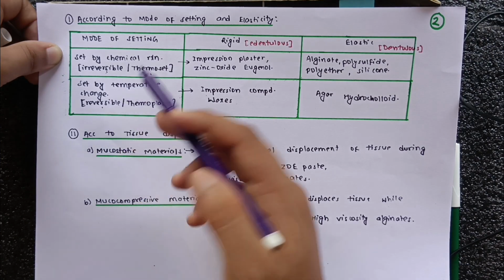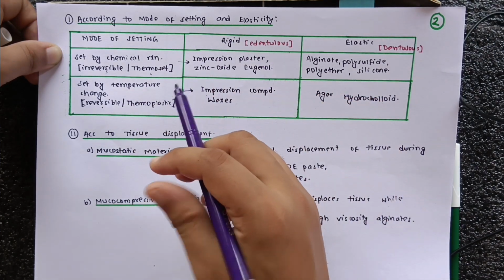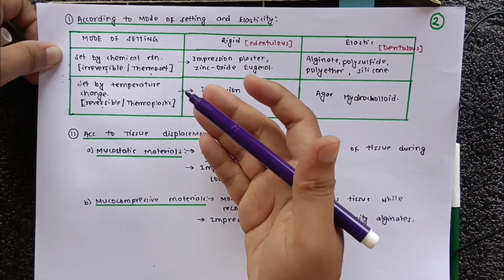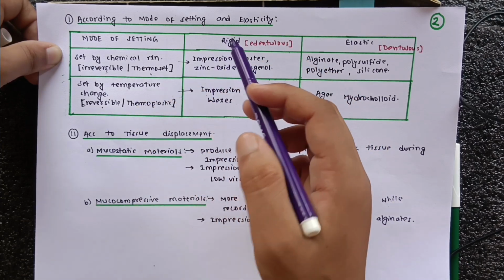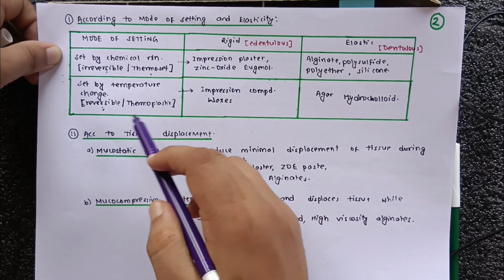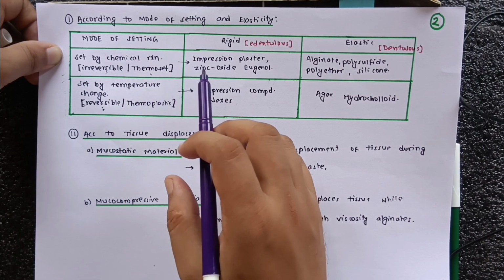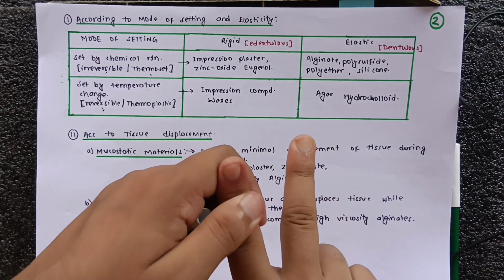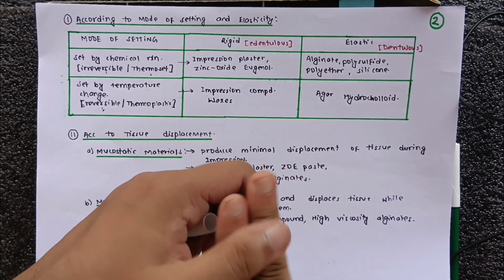Because if we return the temperature to what it was previously, then the substance would come back to the previous state. So this is reversible and it is thermoplastic. So just remember, there are 2 types of impression material: one is set by chemical reaction, and another is set by temperature change.